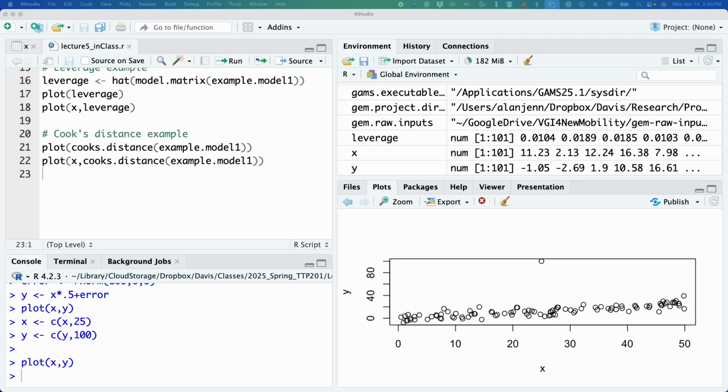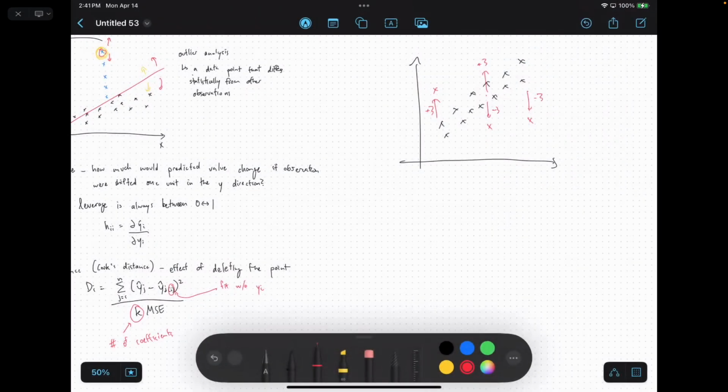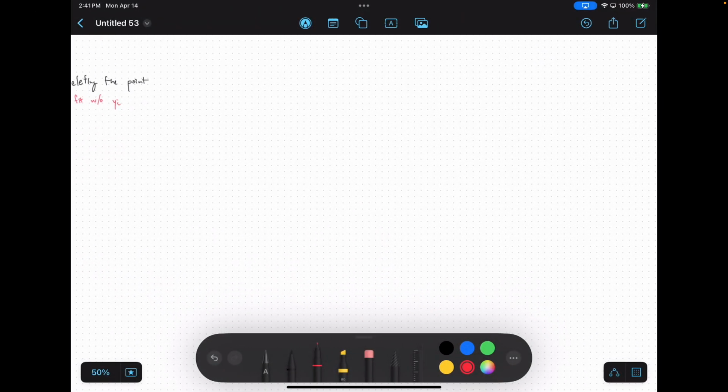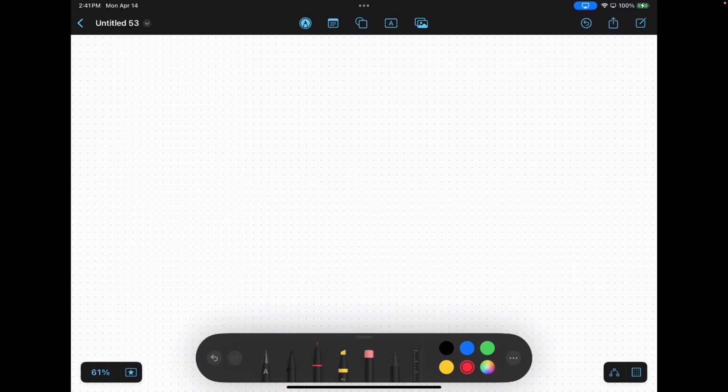Let's continue onwards then. The next topic that we will talk about is multiple regression.